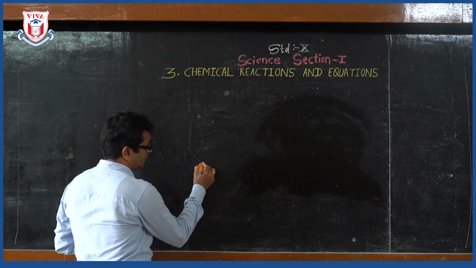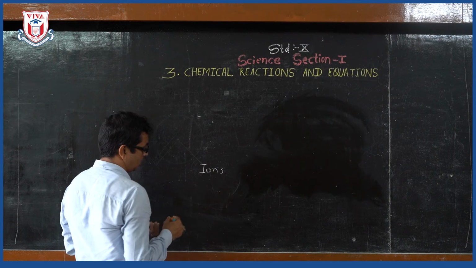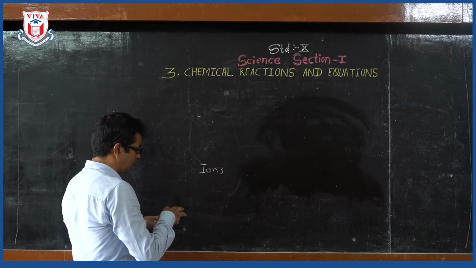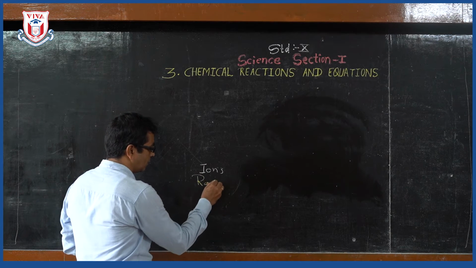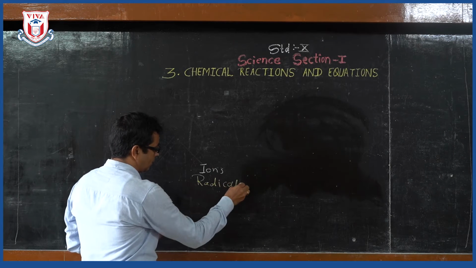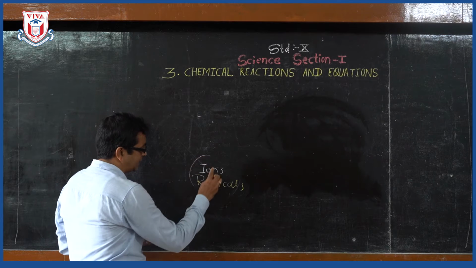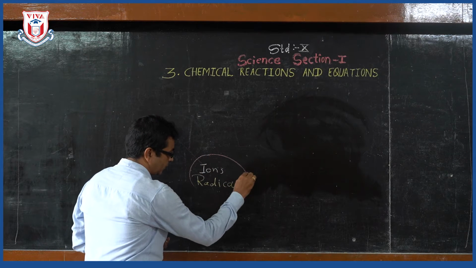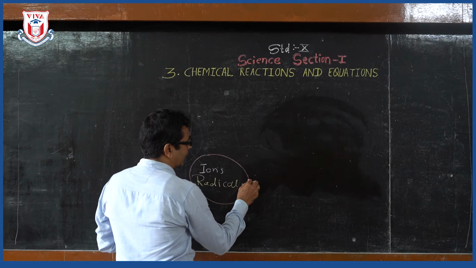Ions, or they are also called radicals, are basically classified into 2 categories.